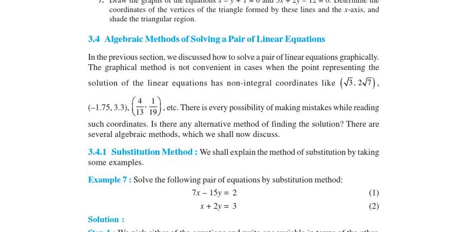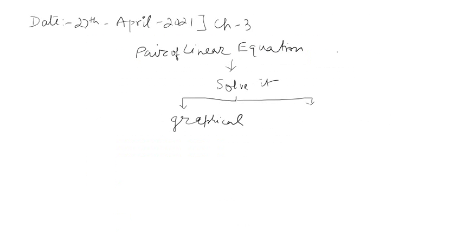One is the substitution method, written here, which we'll take today. Then there is another method called the elimination method, that we will see later on, and the last one is the cross multiplication method. We will see all three methods here in 10th class.